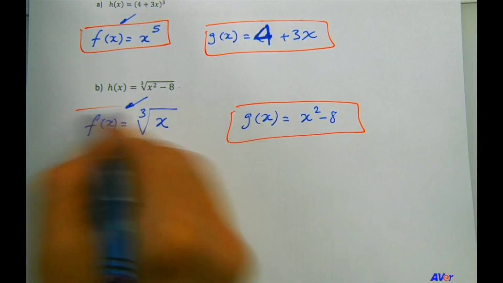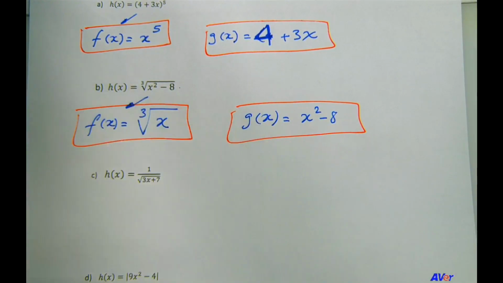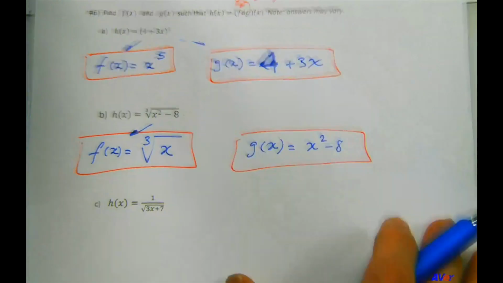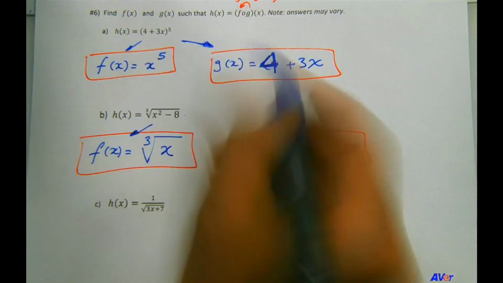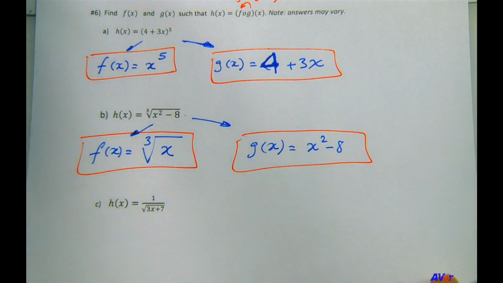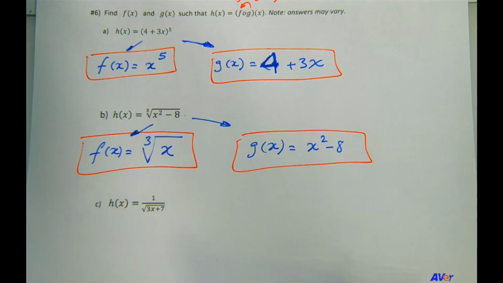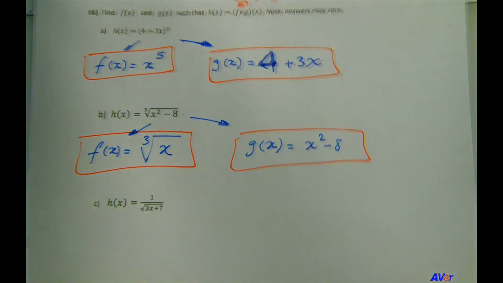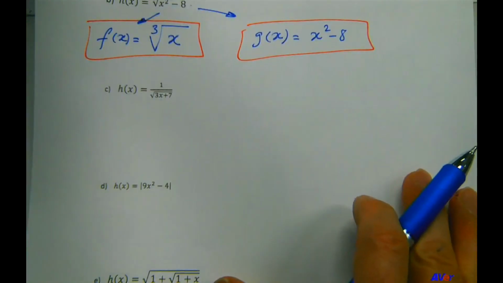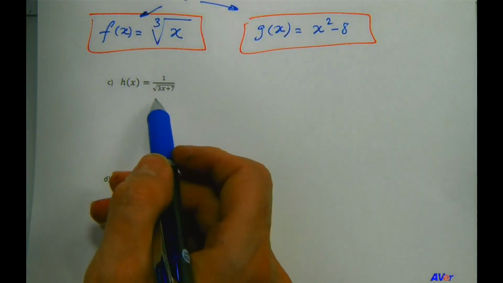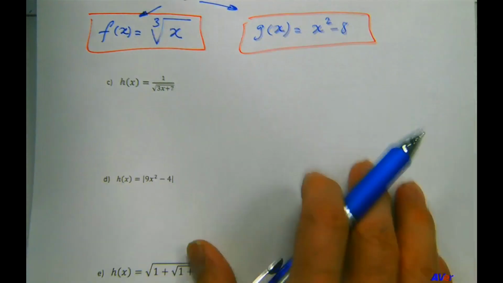So now if you put g inside this function f, you're going to get that, h of x. Okay? So pick the easiest parent functions possible. Look at that. That could be really easy, right?